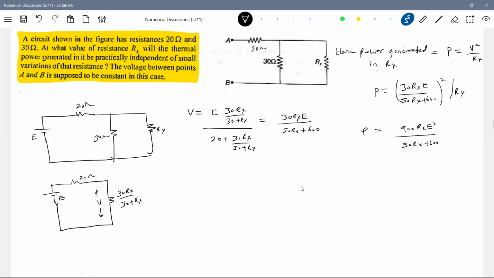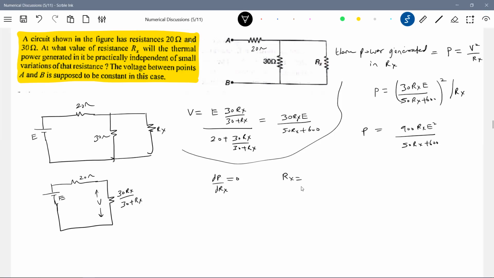Now this I'll differentiate with respect to Rx and equate to 0, then I'll get the value of Rx. So what is the advantage? In general, Rx is like equipment. The resistance of the equipment will change, but the power dissipated across it remains the same.